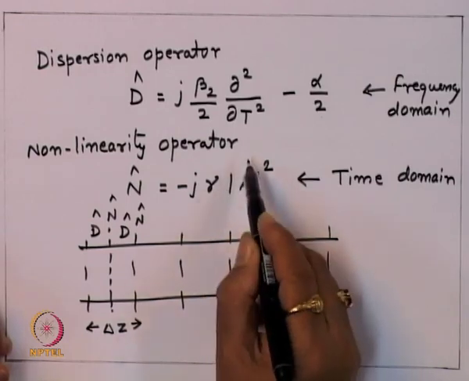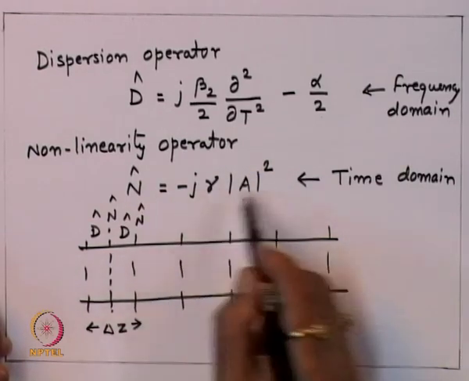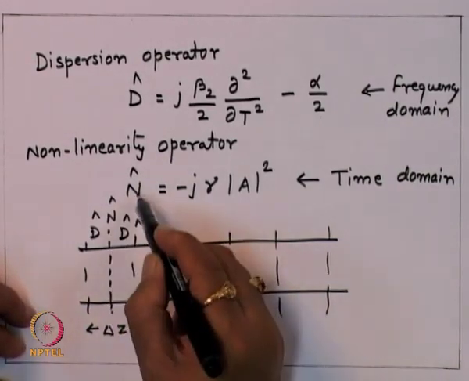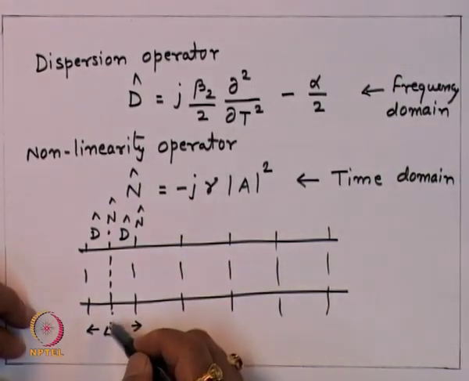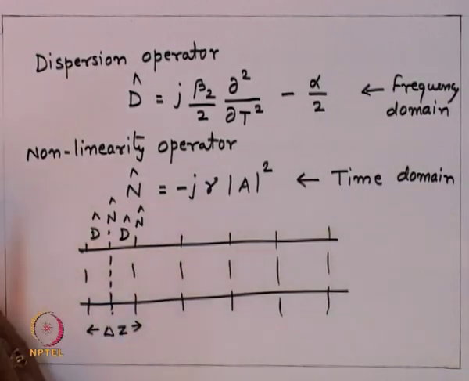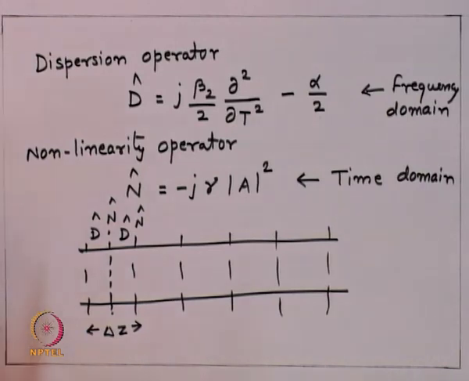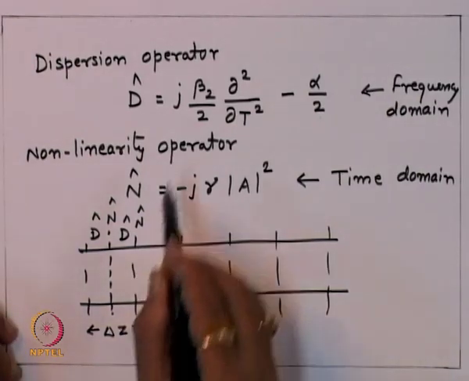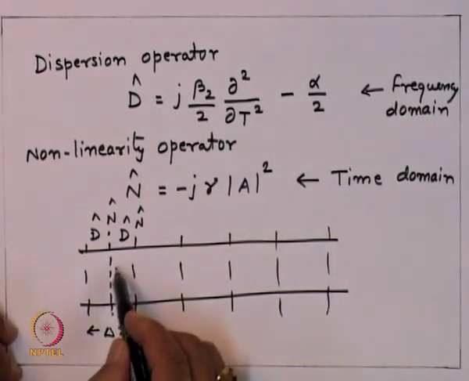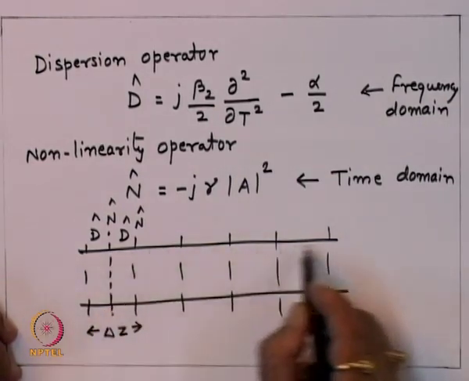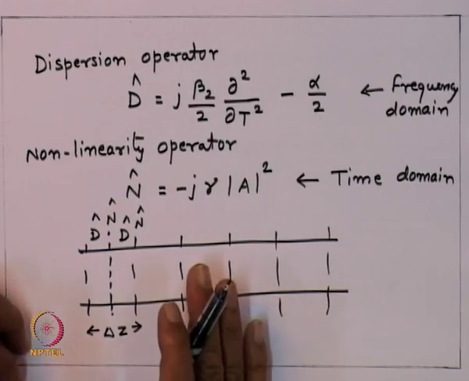So this quantity is known, I know this operator now, and I can find out what has to be applied. Whatever new function I get, I take its Fourier transform back, go to the spectral domain, apply the operator again, and you go on doing it repeatedly, so that you get the evolution of the pulse on the optical fiber.